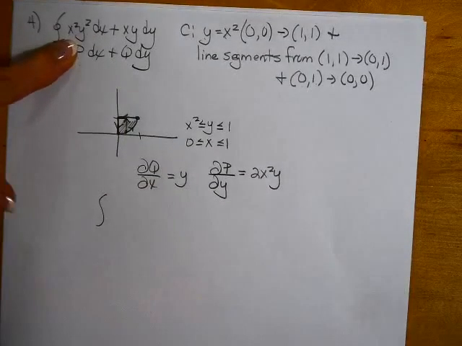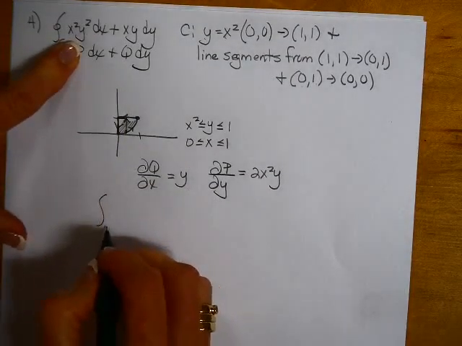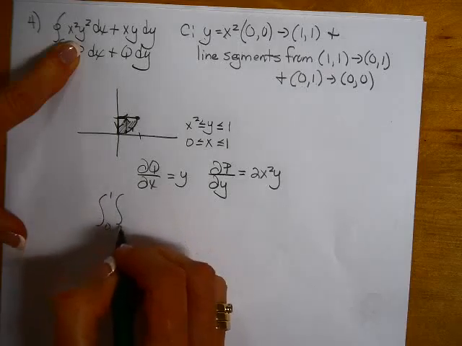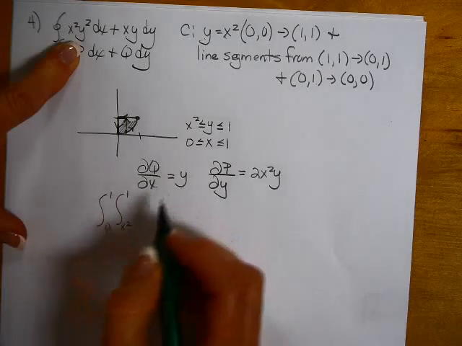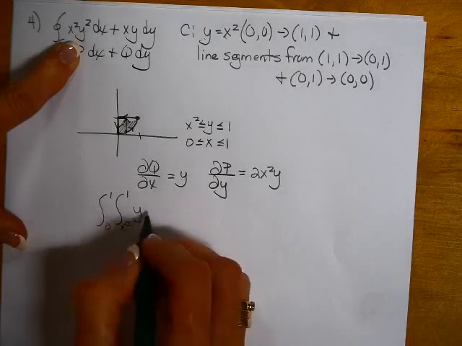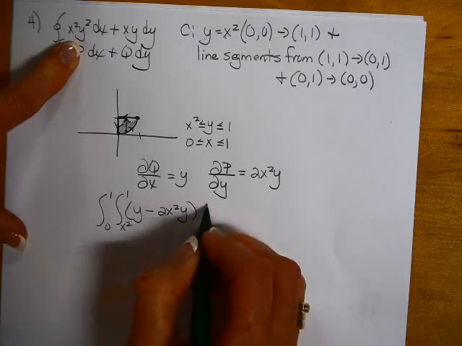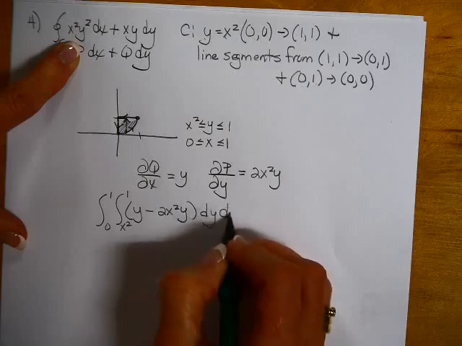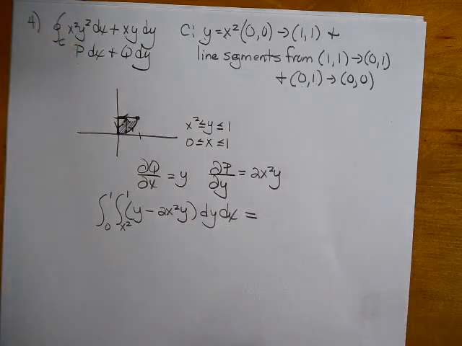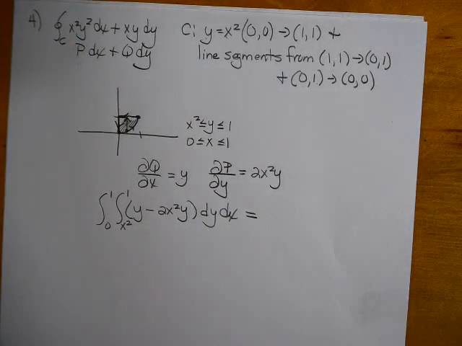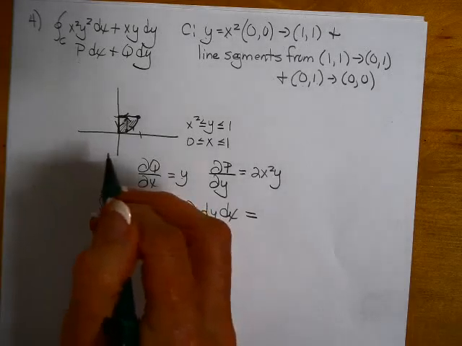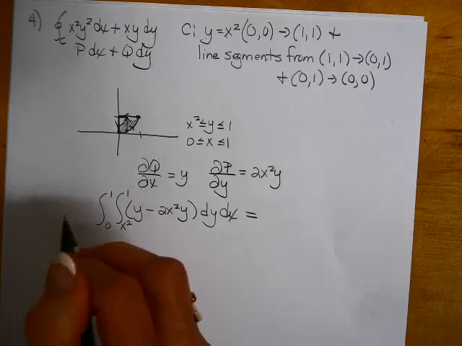And the line integral is the double integral from 0 to 1, from x squared to 1, of y minus 2x squared y, dy dx. And that to me is a lot easier than doing piece 1 plus piece 2 plus piece 3.